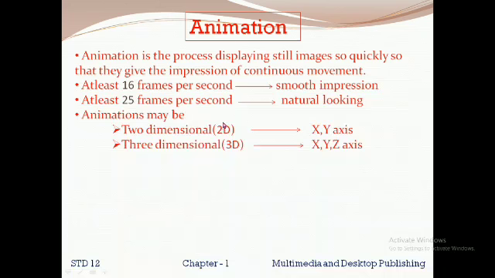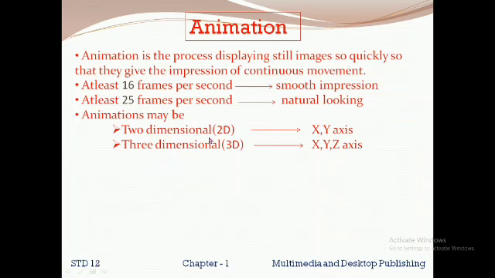Now you should know about the frame rate. Frame rate is the frequency at which consecutive images, called frames, appear on a display. A frame rate of at least 16 frames per second gives a smooth impression, and at least 25 frames per second gives a natural look.